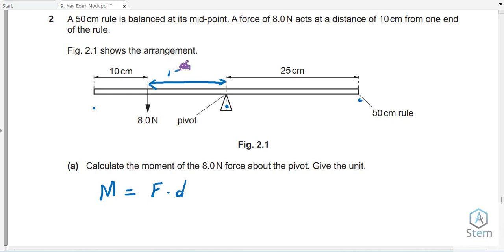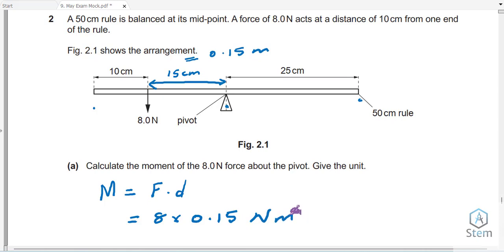That's 15 centimeters, which is 0.15 meters. So moment is going to be 8 multiplied by 0.15 Newton meters.